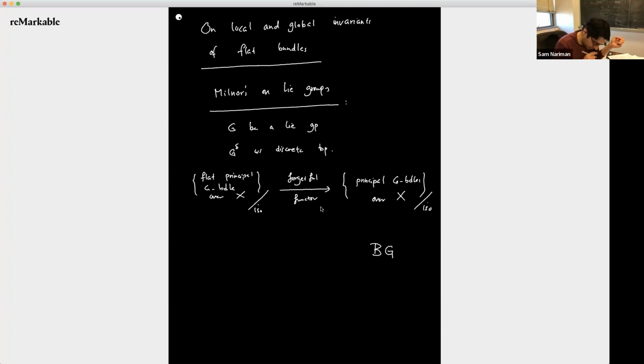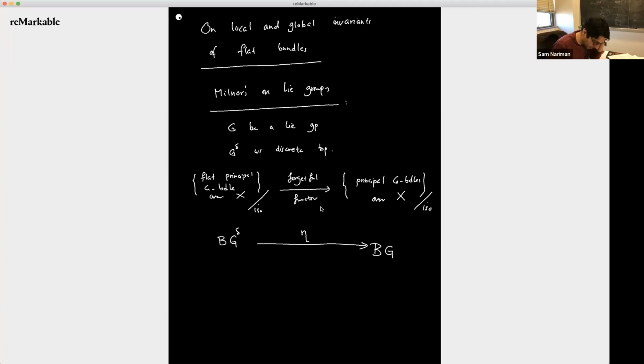And it's actually elementary, but to my taste surprising, that flat principal G bundles also have classifying spaces, and it's the same construction but for the discrete group. And then there's a map from BG delta to BG, usually denoted by eta in the literature. This is the forgetful functor in this language.